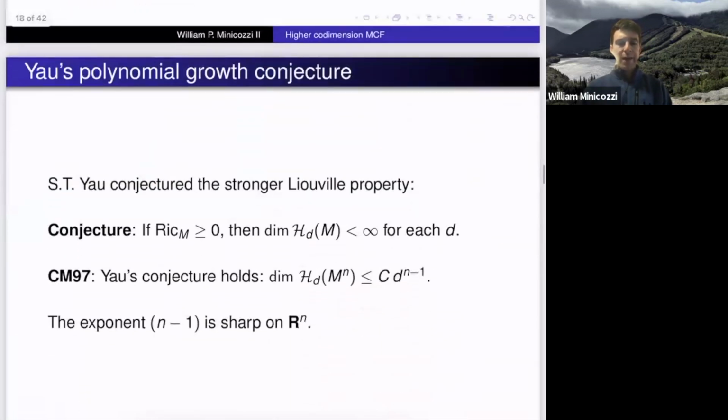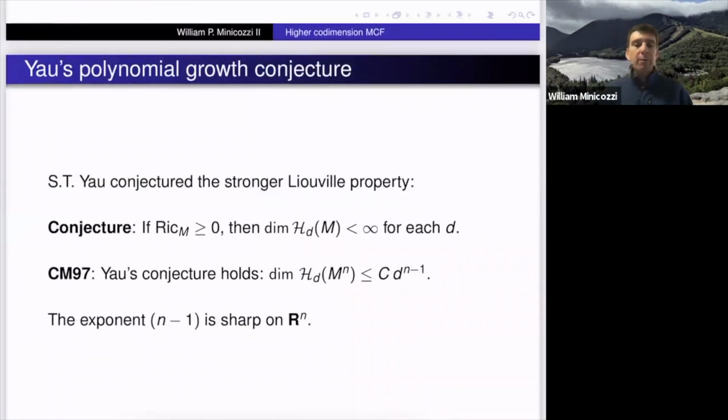All right, so Yau conjectured that there was a stronger Liouville property. He had shown that manifolds of non-negative Ricci curvature, from the point of view of the Liouville theorem, were just like R^n. And he conjectured, well, maybe they're also just like R^n in terms of these generalized Liouville properties, or functions of slow polynomial growth.